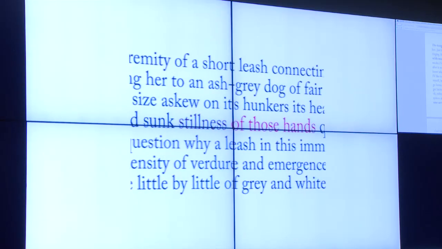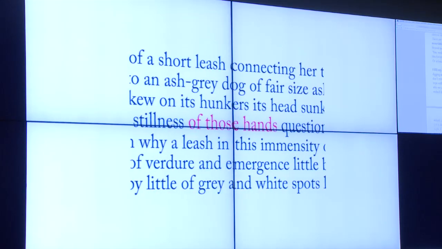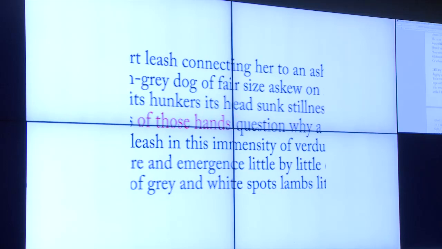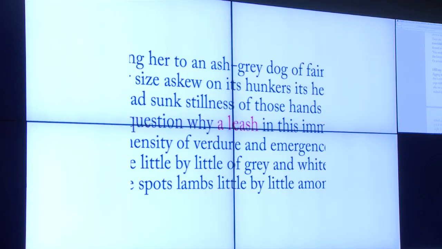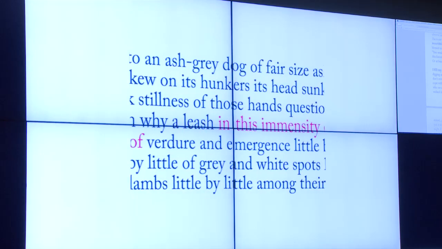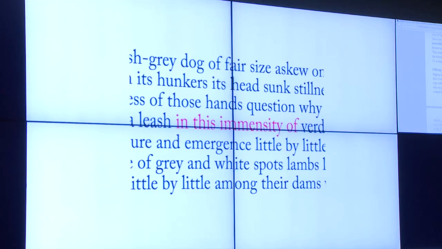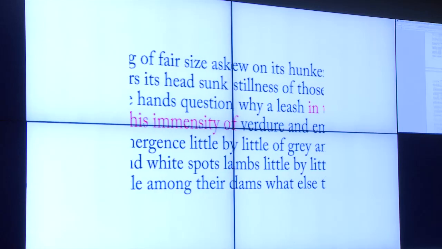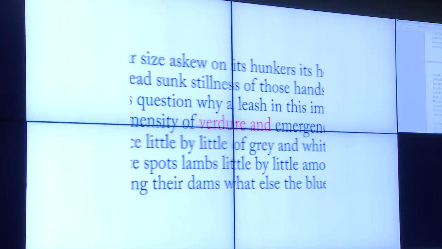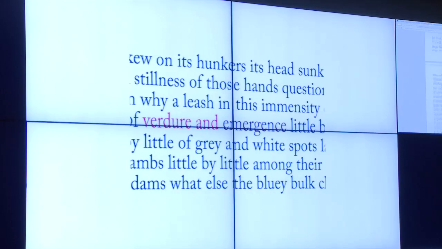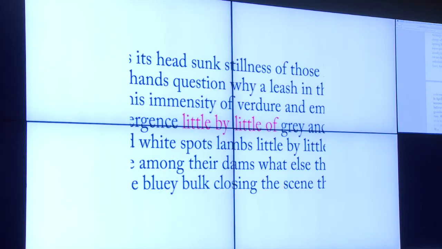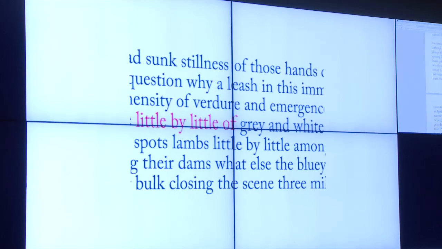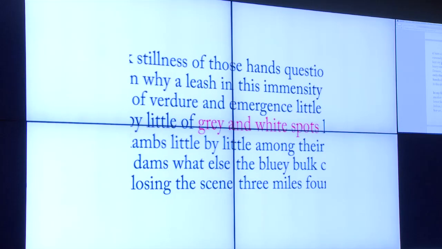He had succeeded in ambushing a dog of fair size, and this formless hugeness, in approaching, had knocked it askew, lying there over a big stone with its head sunk down to earth. Some stillness of the sun in her reassured him. Beware of those hands.